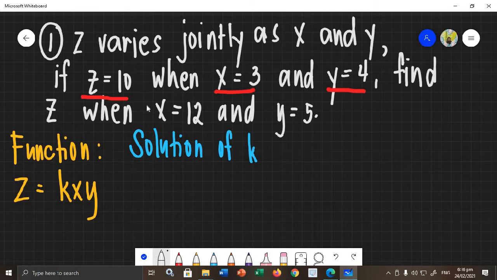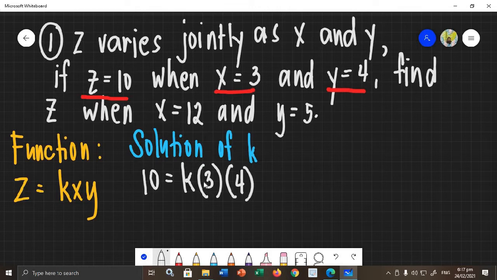Then, using the function, our Z is 10. So, we write 10 is equal to K. We are looking for K, so just write the K. And then our X is 3. So, we put parentheses, an indication that we already substituted the value of X. And then our Y is 4.